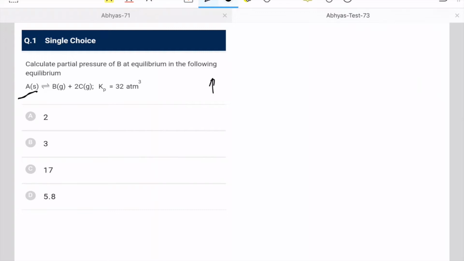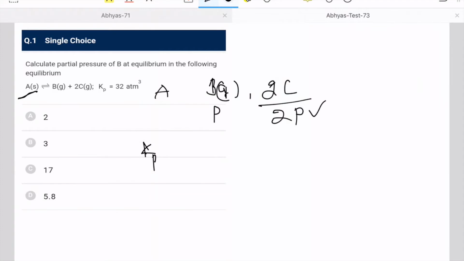B gas is contributing, so since 1 mole is there, we can assume P. Next, we can assume 2P for the product C. And A is not contributing any pressure. So we can write down the equilibrium constant for this one.